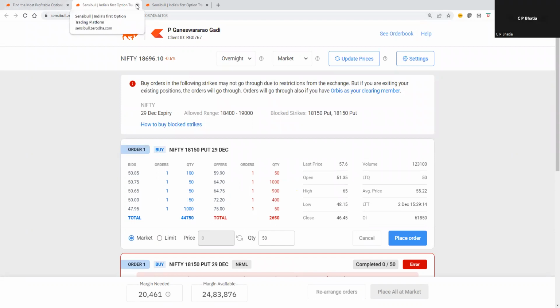But it will work only with the broker that is attached to Sensibull, isn't it? Yes, whichever broker you log in with, it works with that same broker. I don't think any tool is available that works with multiple brokers. Yeah, correct.